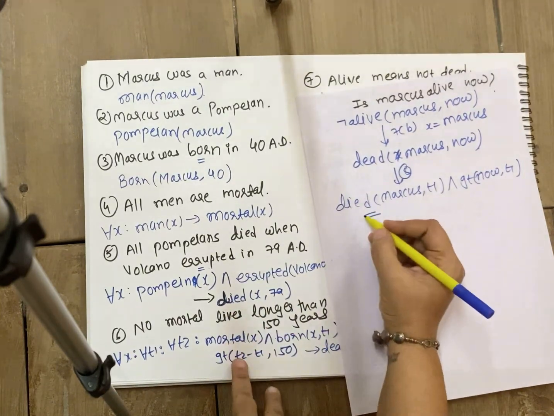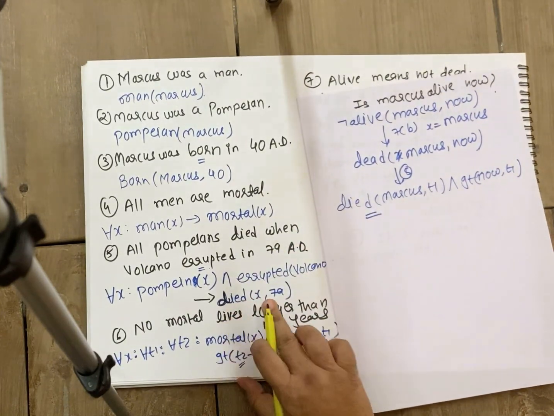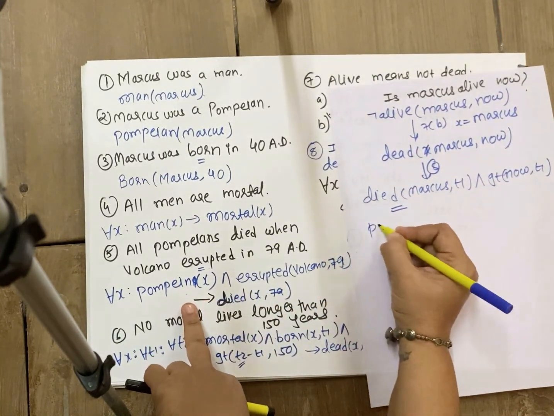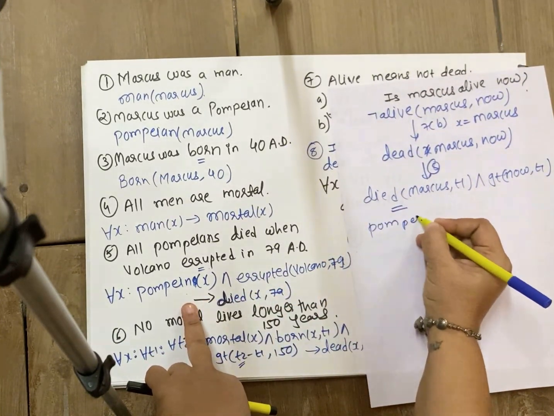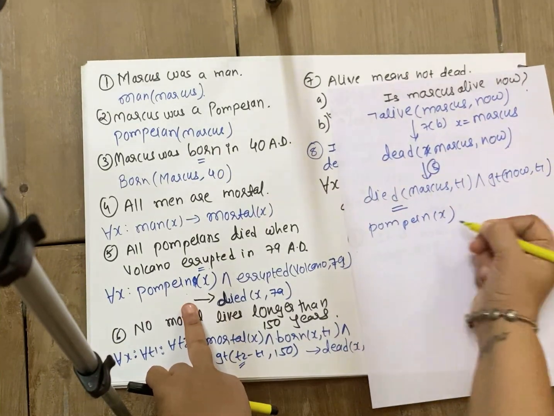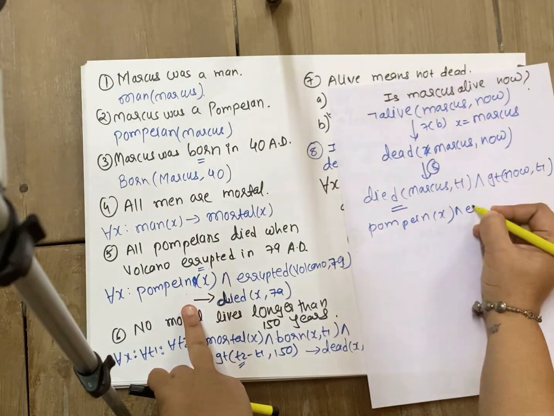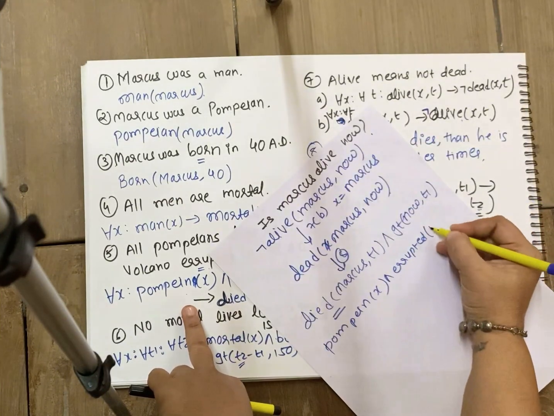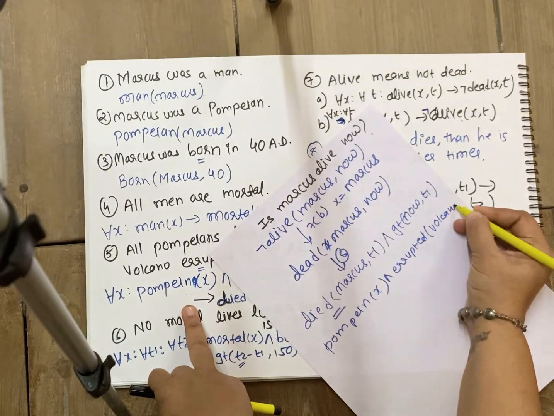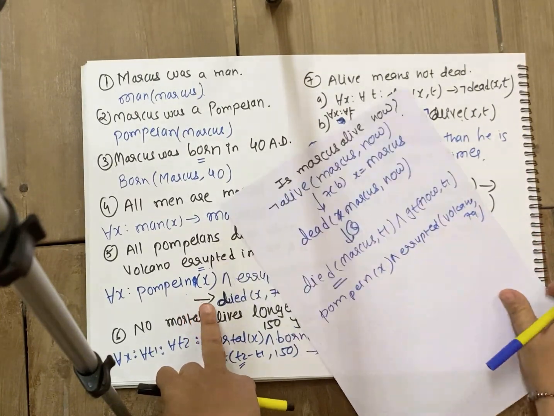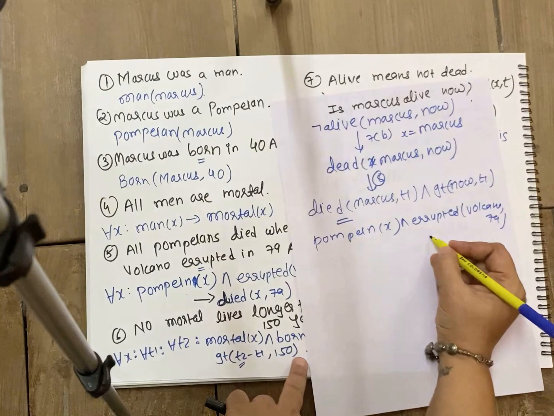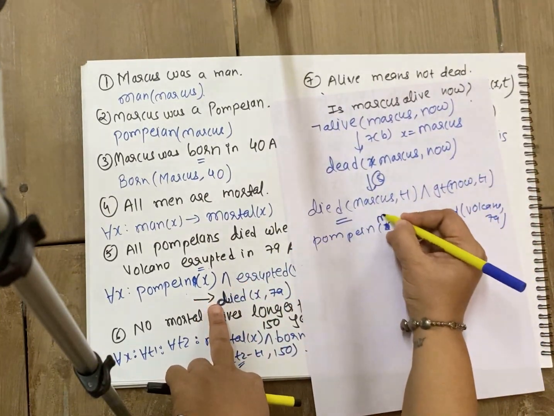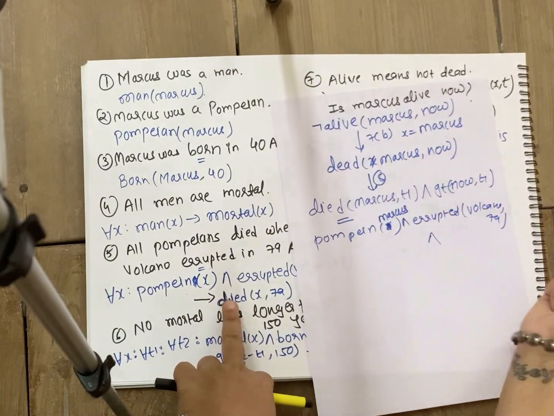So died 79 is something like Pompeian X and erupted volcano in 79. Sorry, the value of X is Marcus.